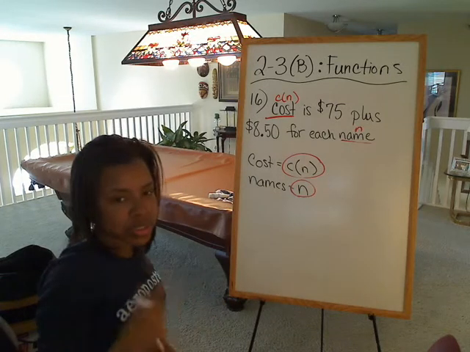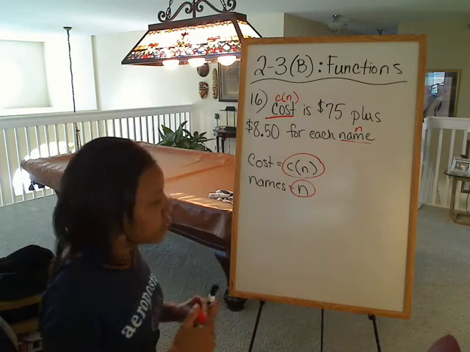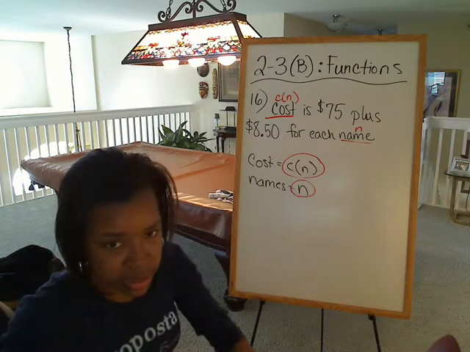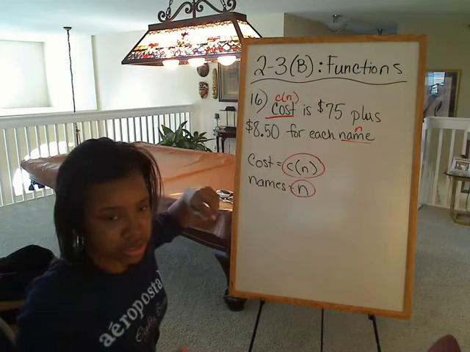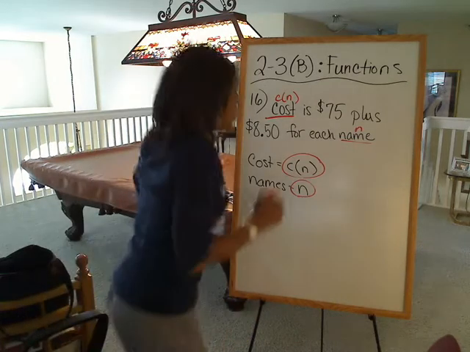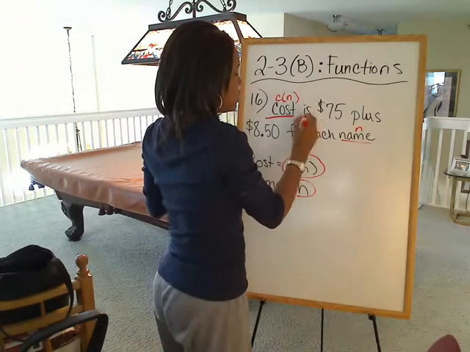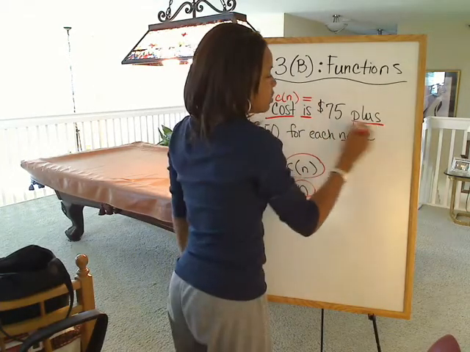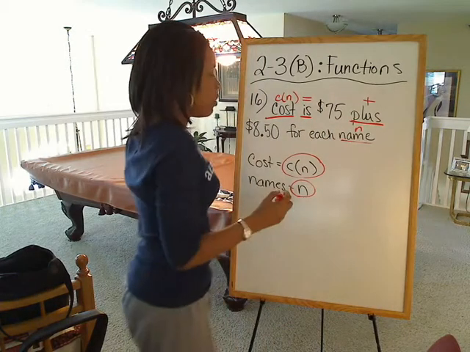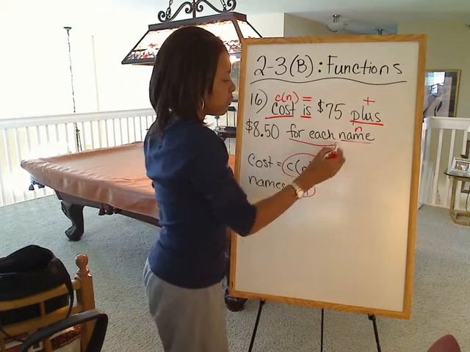So we're looking for ways to set up our equation. Let's look for other things that jump out at us. In math, what does "is" usually stand for? Equals, right? So this would be equals, and this is obvious, plus. What about this? I told you this before, for each.